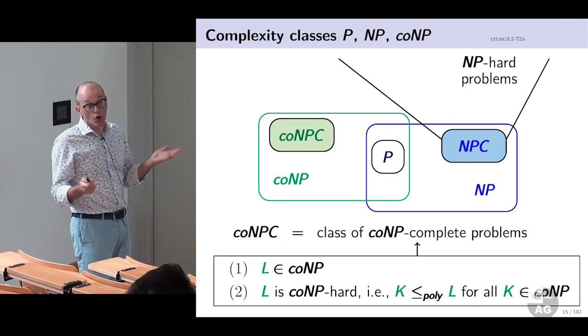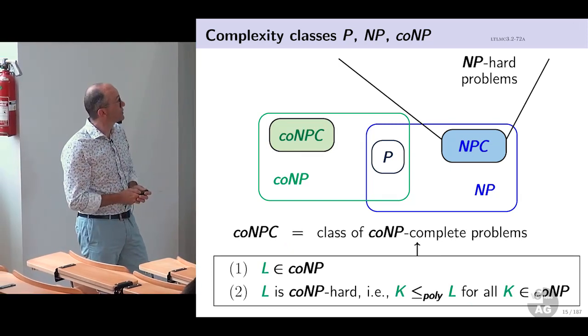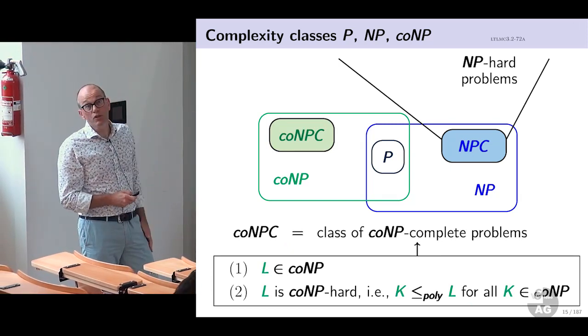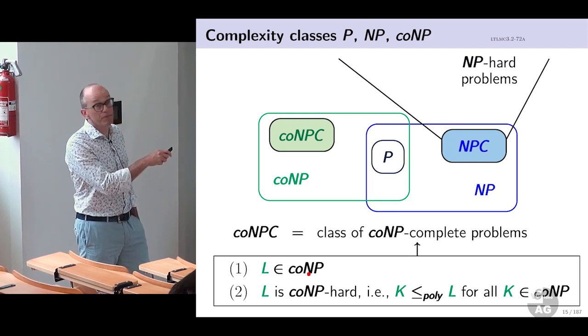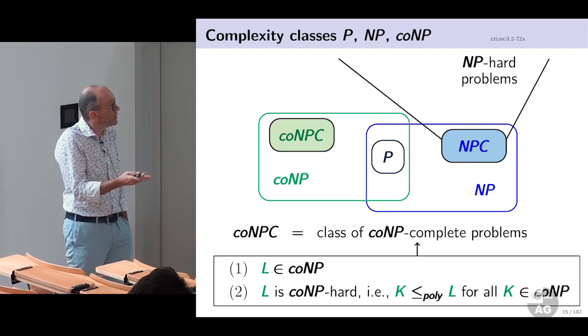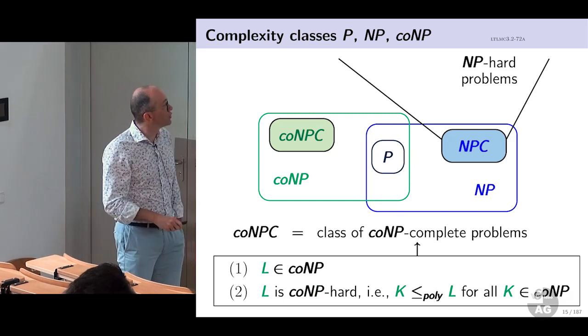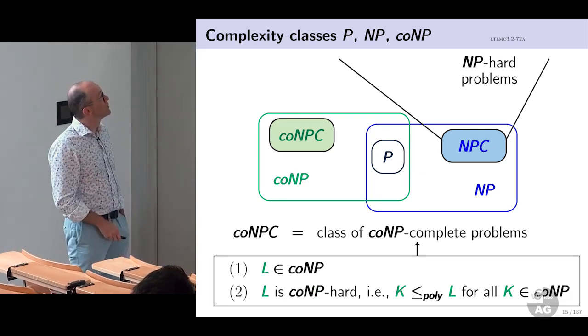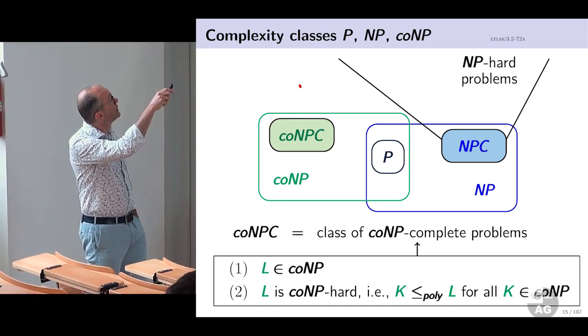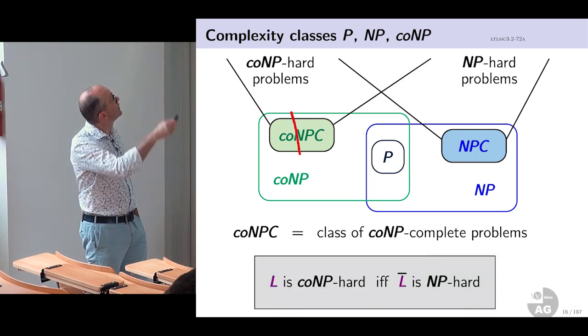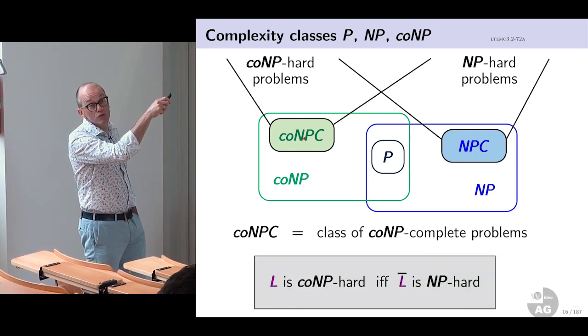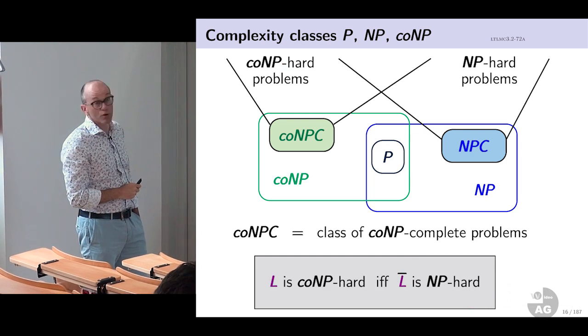Similarly, you have a set of co-NP-complete problems. So that's very similar to NP-complete problems. So these are problems that are in co-NP, and they are co-NP-hard, which means any co-NP problem can be polynomially reduced to those problems. So you pick any problem in co-NP, you can always map that to this co-NP-complete problem in polynomial time.